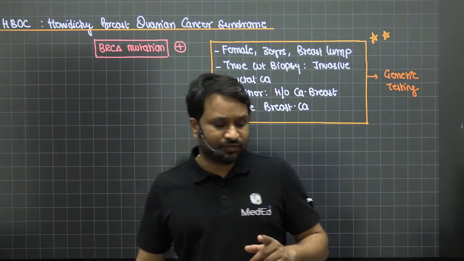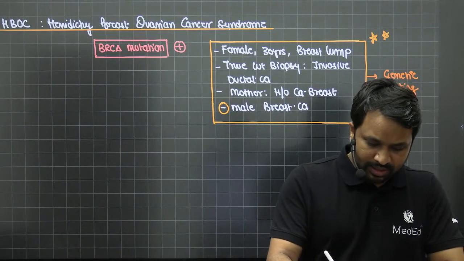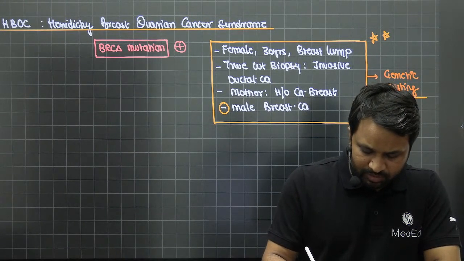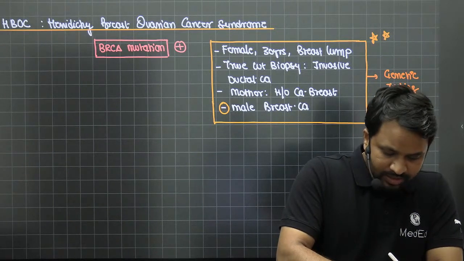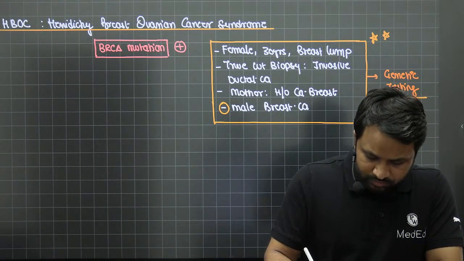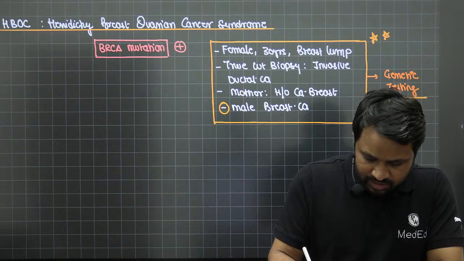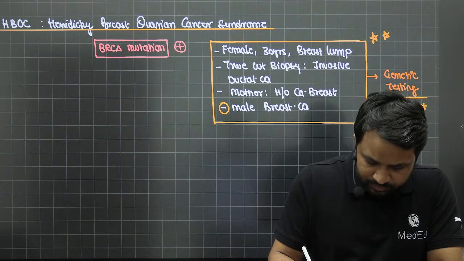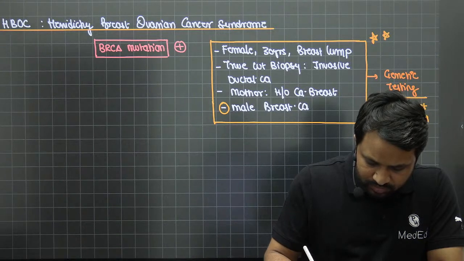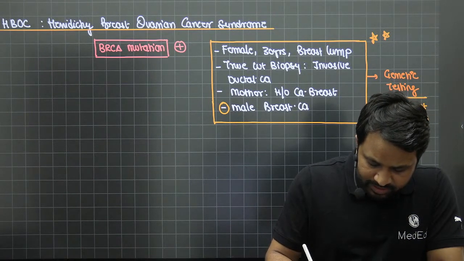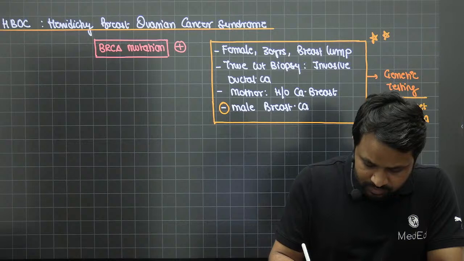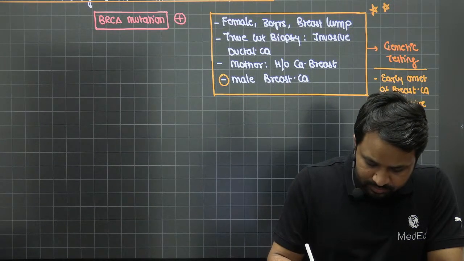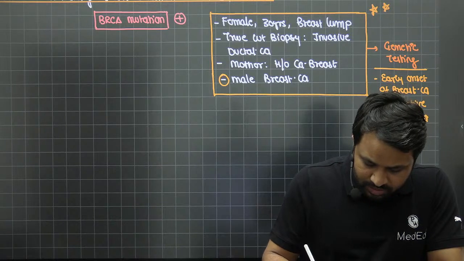What is the indication for genetic testing? If you look at the current scenario, I've just listed it out. Number one, a young female with breast cancer, so early onset of breast cancer. Then you have a first degree relative with breast cancer, presence of male breast cancer.